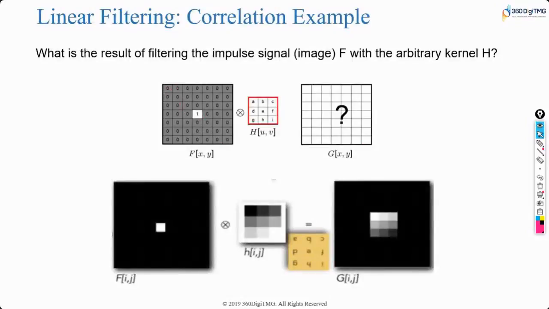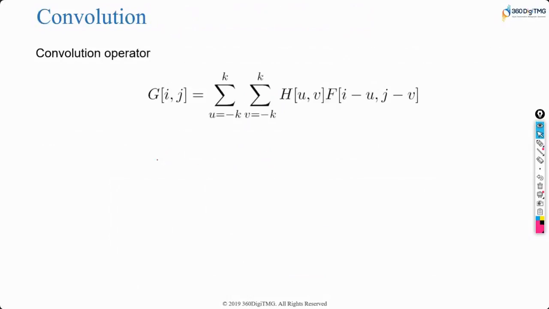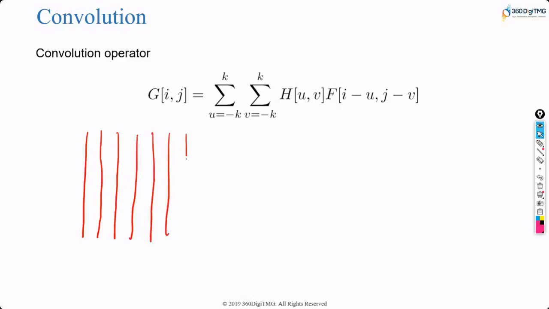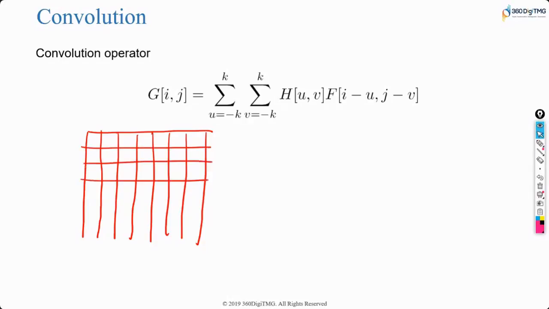How many boxes are there? 1, 2, 3, 4, 5, 6, 7. 1, 2, 3, 4, 5, 6, 7 by 7. And here you have 3 by 3. Okay, let me put it here. So if you have 1, 2, 3, 4, 5, 6, 7, and if you have 7 here, 1, 2, 3, 4, 5, 6, and 7.